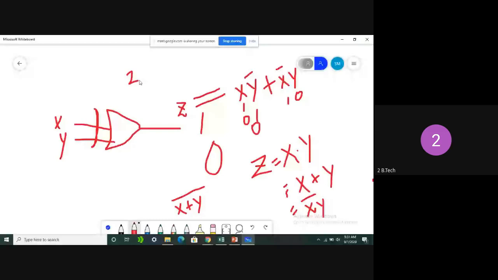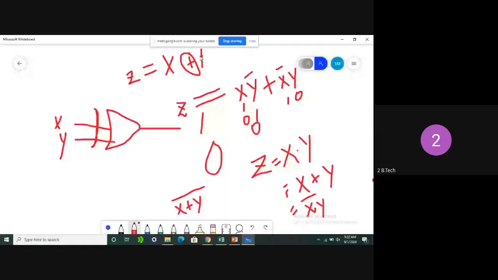And one more symbol for the exclusive OR gate, another way of representing X and Y, is Z equals X with a plus within a circle and Y. This is only for exclusive OR. This is the symbol for how to represent inputs and outputs.